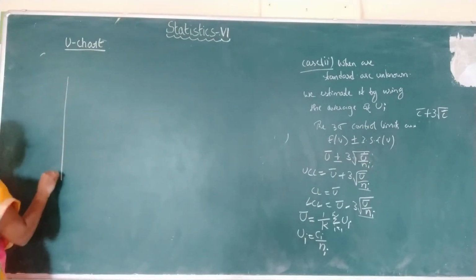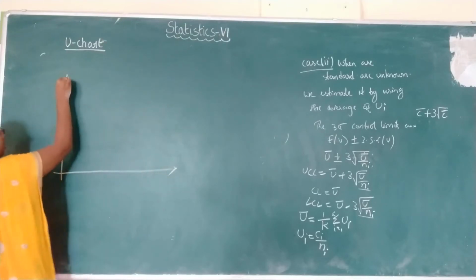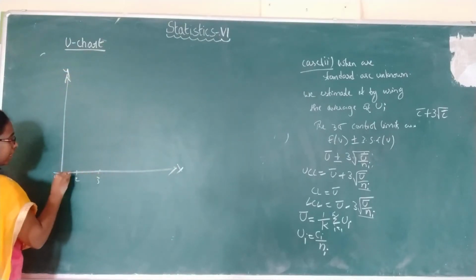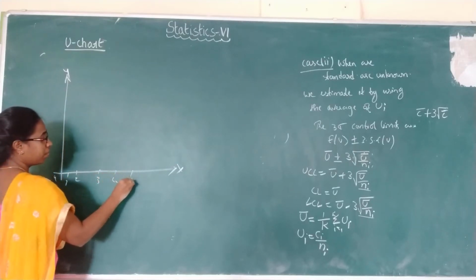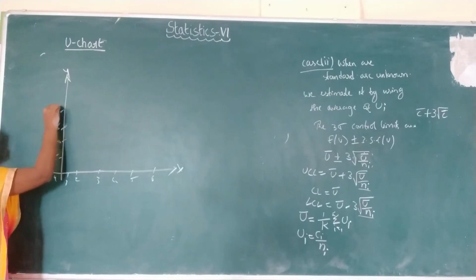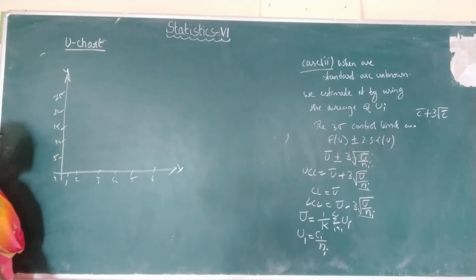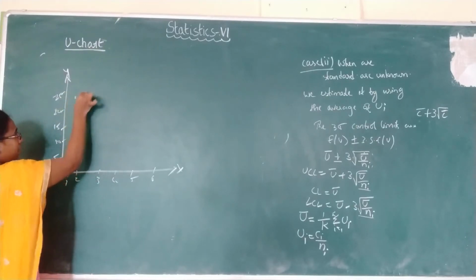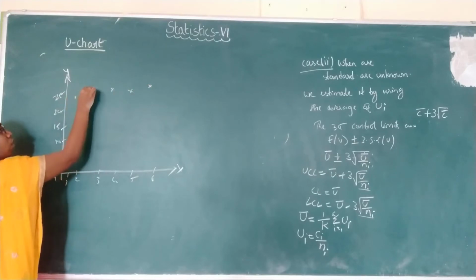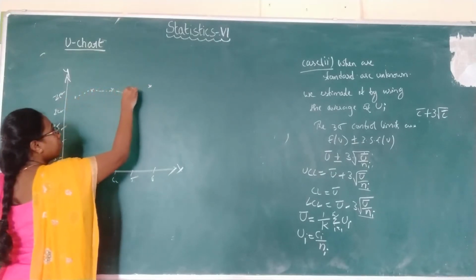So here you will be writing the sample number, and here you will be writing the number of defects, and you will be plotting the different UCL values. There will be some changes in the UCL, all will not be the same, since the sample size is varying.